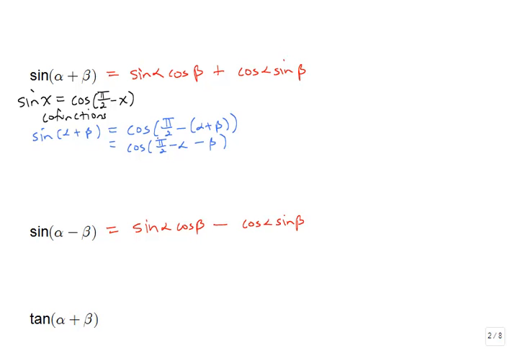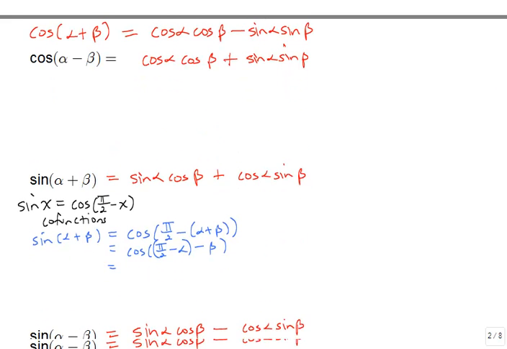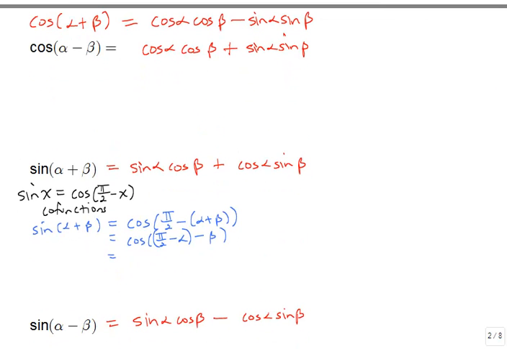And then if we just distribute the negative here a little bit and make this pi over 2 minus alpha minus beta, I'm going to group these first two together. And then I'm going to apply the difference formula that we just learned up here, where I'm going to think of all of this as my new alpha and this as my beta.